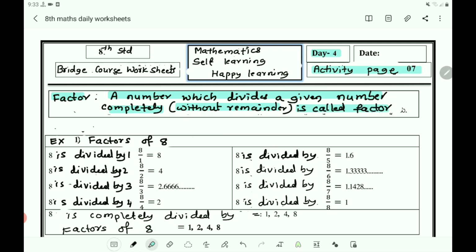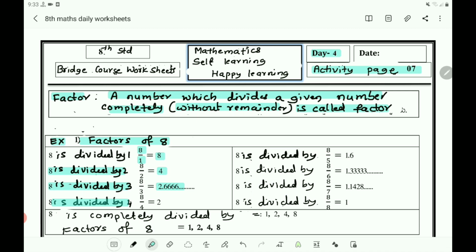So take an example. Factors of 8. You divide 8 by 1. If 8 is divided by 1, the quotient is 8. If 8 is divided by 2, the quotient is 4. If 8 is divided by 3, you will get the quotient 2.6666.